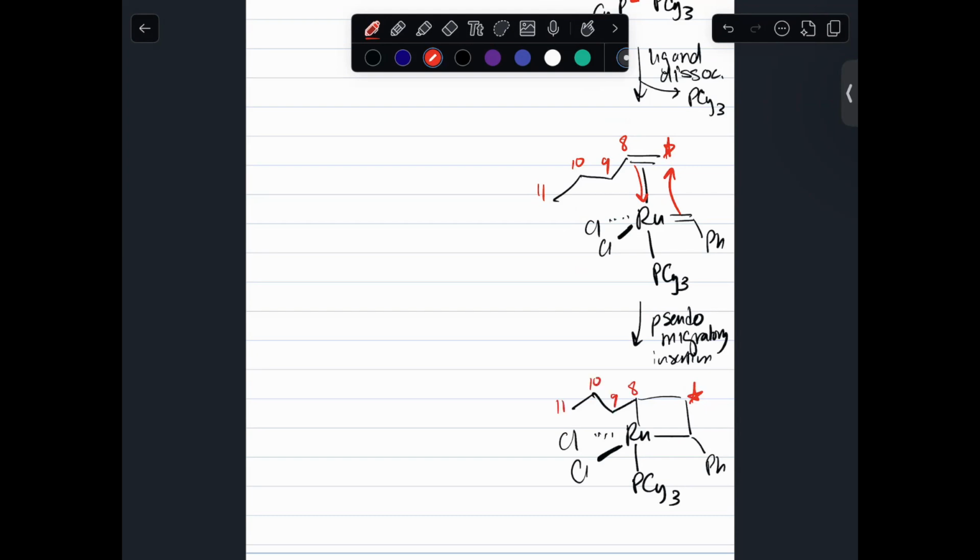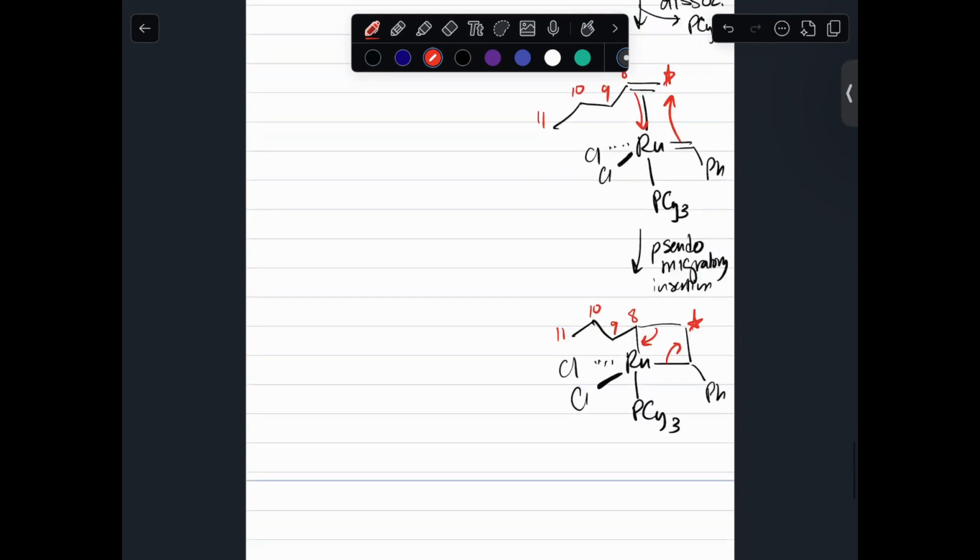It collapses, and now the ruthenium is part of my chain. And just like before, I form styrene. Let me star my carbon so that you can see where that last carbon end is.